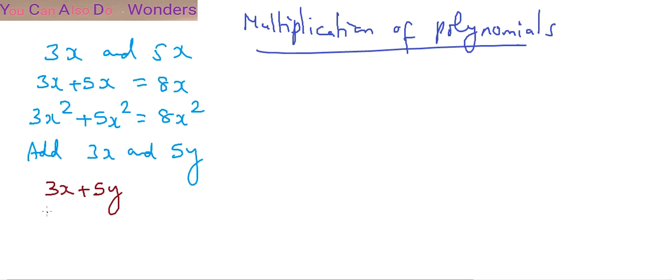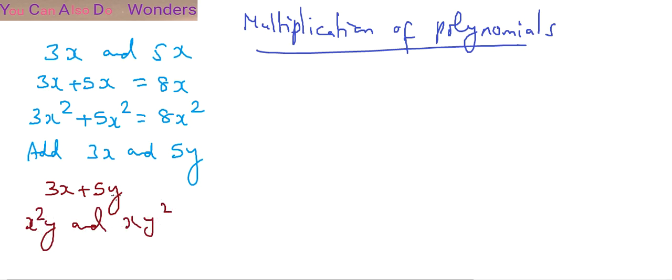So when we add two monomials, if they are not like terms, then we just have to leave it as it is with the plus sign. And it's also important to know that x square y and x y square are not like terms.